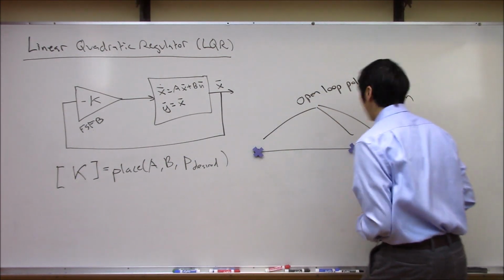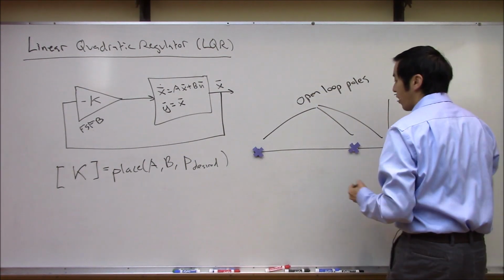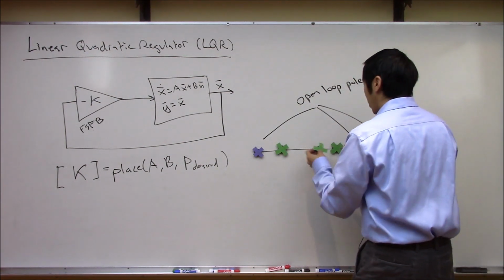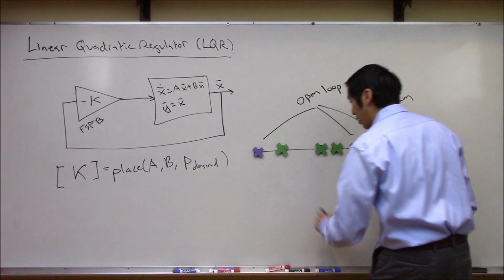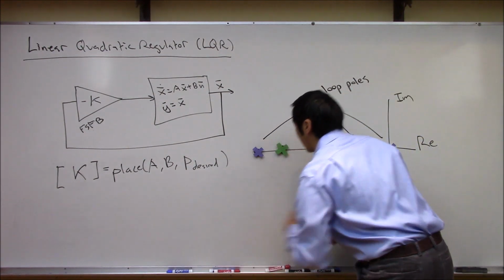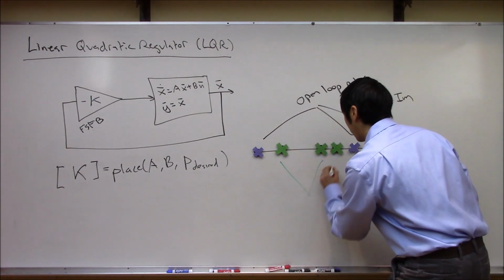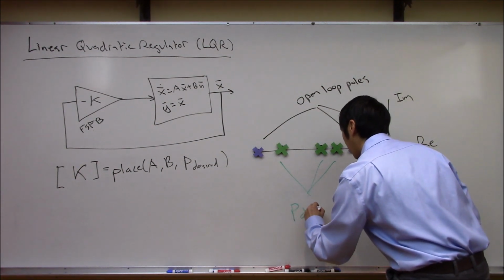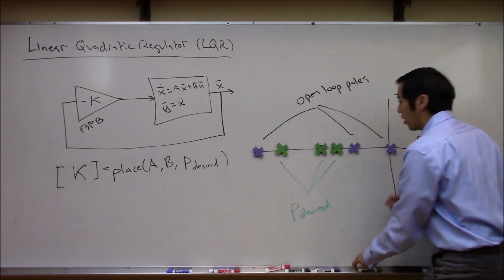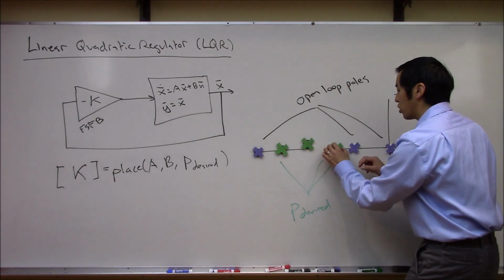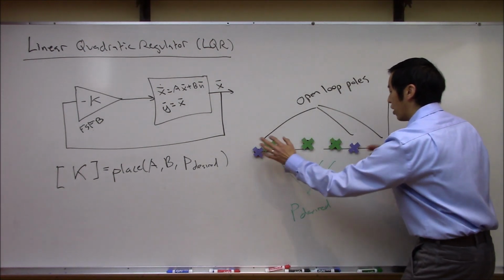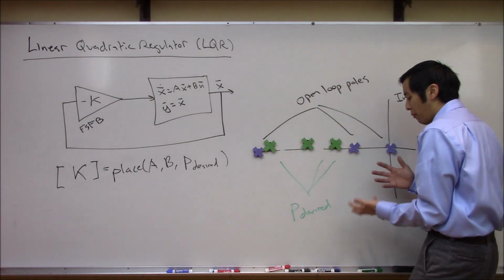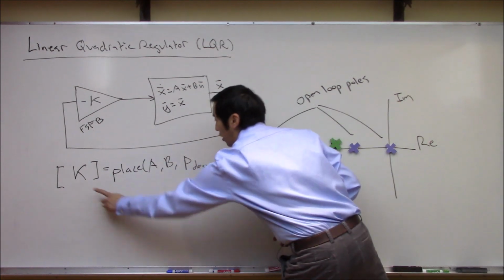So we saw that by choosing locations, say I want to move them to something like this, where these green ones are now my desired poles, my P desired, and by changing these locations, moving them further or closer or moving only certain poles, we could somehow change what value K was.